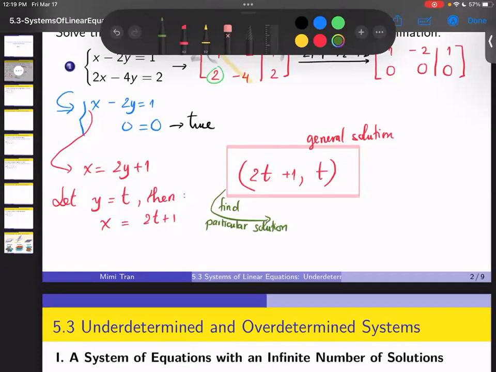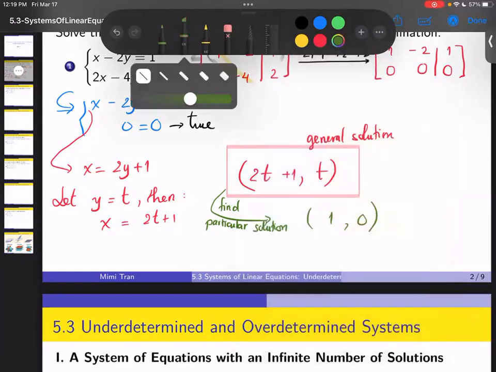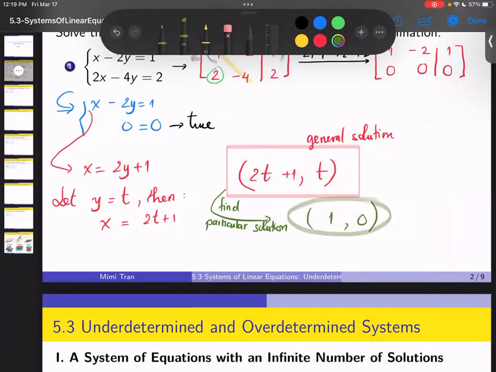Maybe I'll pick 0, it's my favorite. 0 for t, then that's y, then x will be 2 times 0 plus 1, so 1. My particular solution, easy. Everybody has their own particular solution.